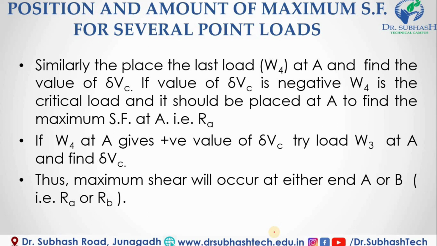Likewise, different loads should be placed at A and B to get the trial sections. Thus the maximum shear will occur between points A and B, using the reactions at A and B. So before we find the maximum shear force or maximum bending moment, we must draw the influence line diagram for Ra and the influence line diagram for Rb.